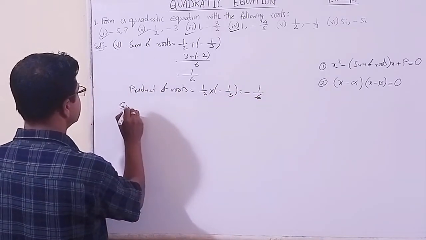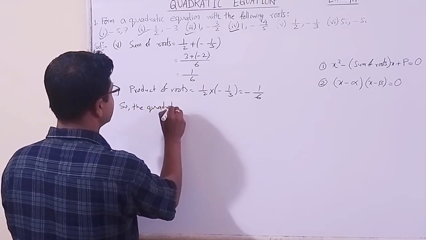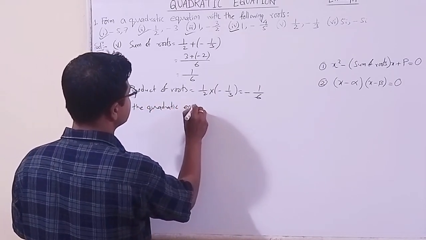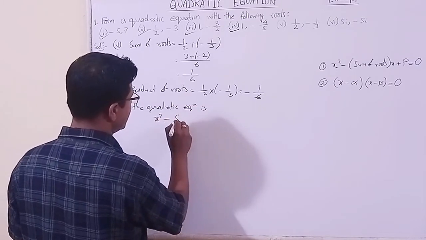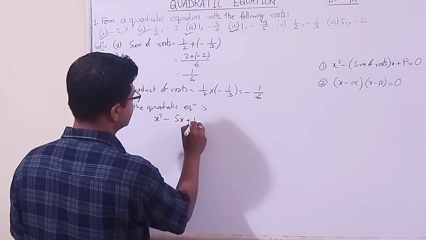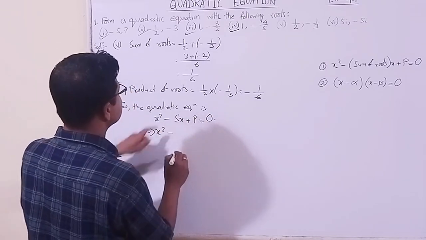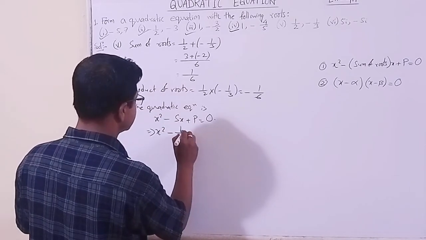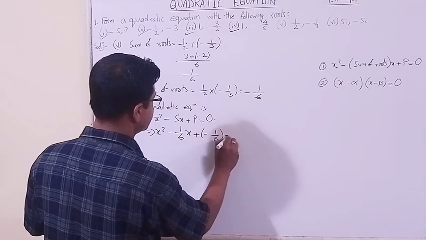Alright, so the quadratic equation is x square minus sum of the roots into x plus product of the roots is equal to 0. X square minus sum is how much? 1 by 6, sorry, plus product is minus 1 by 6 is equal to 0.